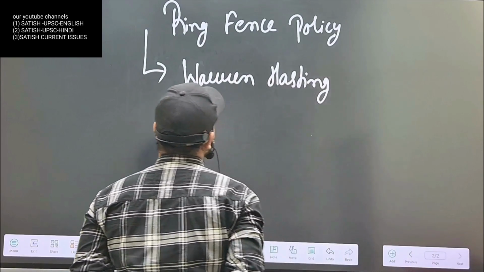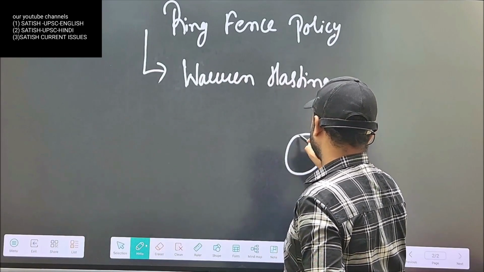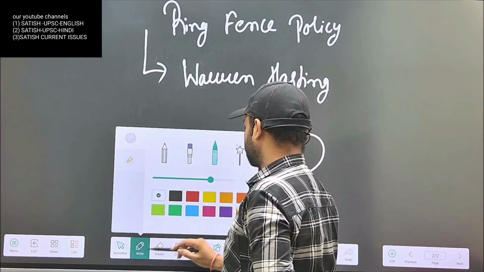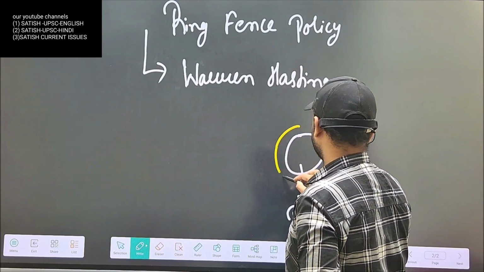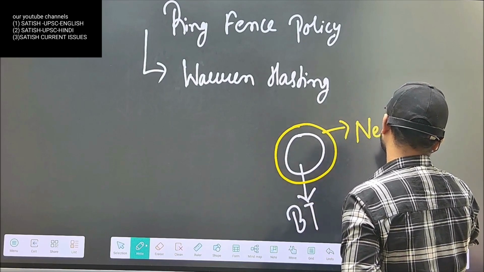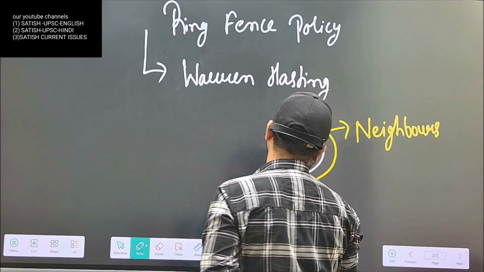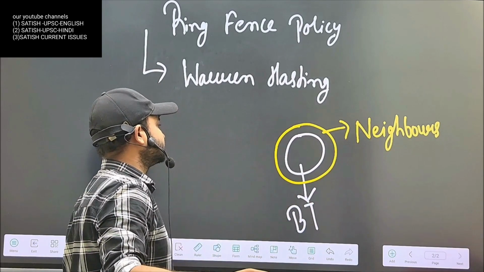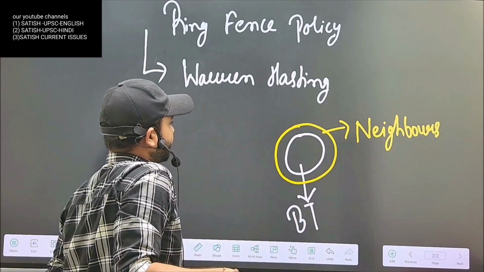And if you look at ring fence policy, if it is British territory, and this is territory of British company neighbors, British company army will protect territory of neighbors. So here question is rising, why British army wants to protect their territory?